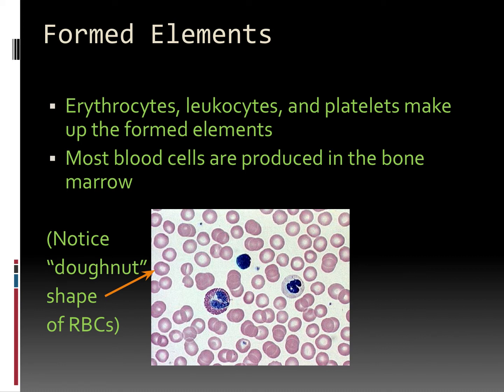They're all considered formed elements because they're formed mainly in the bone marrow. In this picture, you can see the little donut shape of red blood cells. They're a biconcave disc, as you'll see. And then you can see white blood cells as well, and then some platelets, or the little specks.